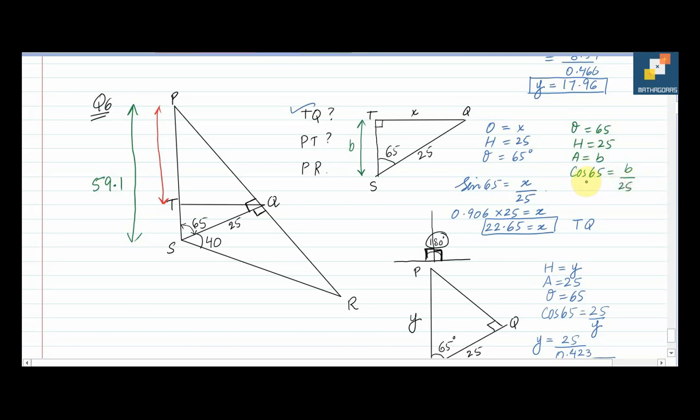Now you need to multiply cos 65 with 25, so it's 10.56, right? So you got the value of B, that is 10.56.